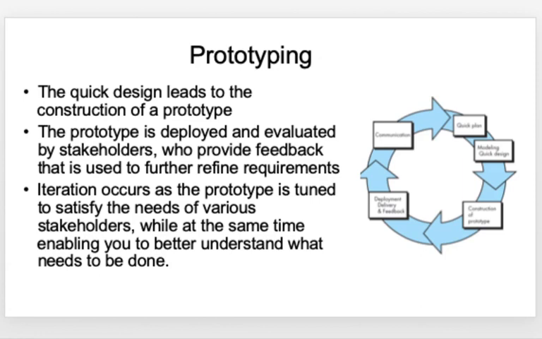In the case of an evolutionary prototype, you develop the prototype, evaluate it, get feedback, and you do not discard it; you use it for further iterations, and that is what is called an evolutionary prototype. For every iteration, you will tune things to satisfy the needs of the stakeholders, and you will also put in enough effort to better understand the needs.